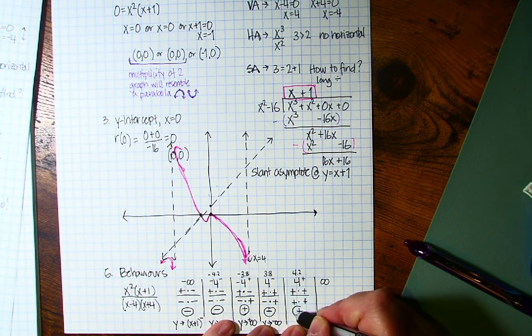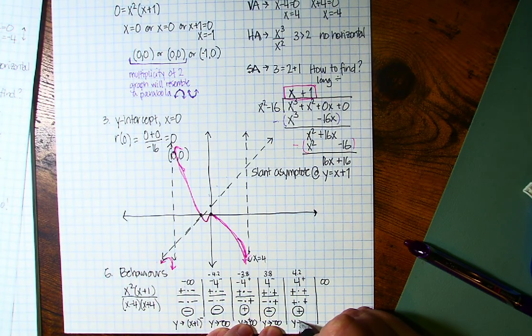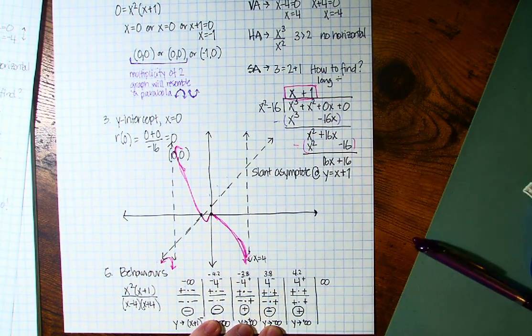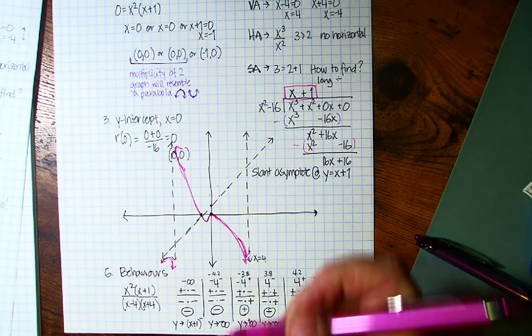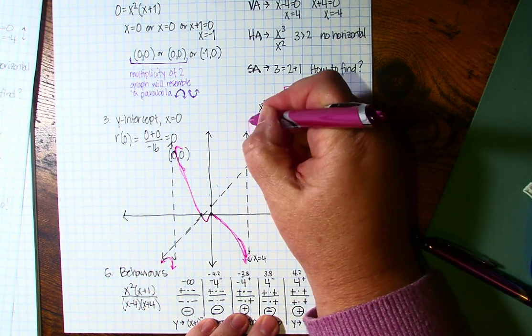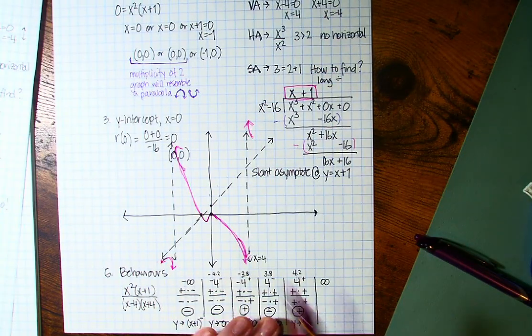This will give me a positive result, meaning the y values will all be going towards positive infinity as we approach from the right. So I've got to find that asymptote, and I'm going to go up as I reach it.